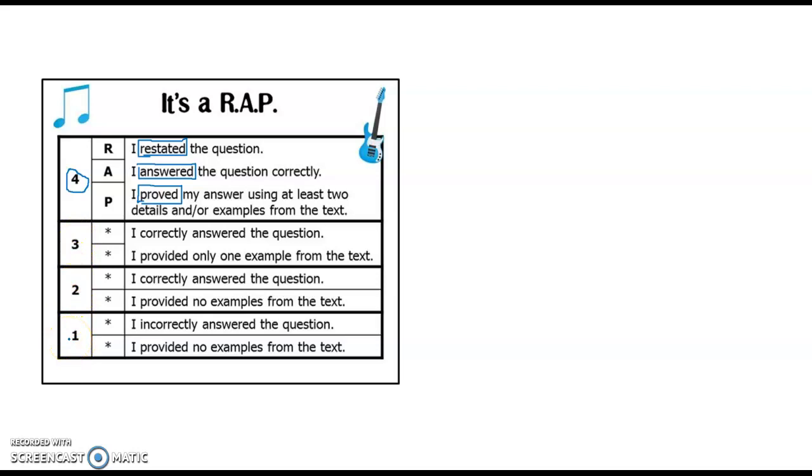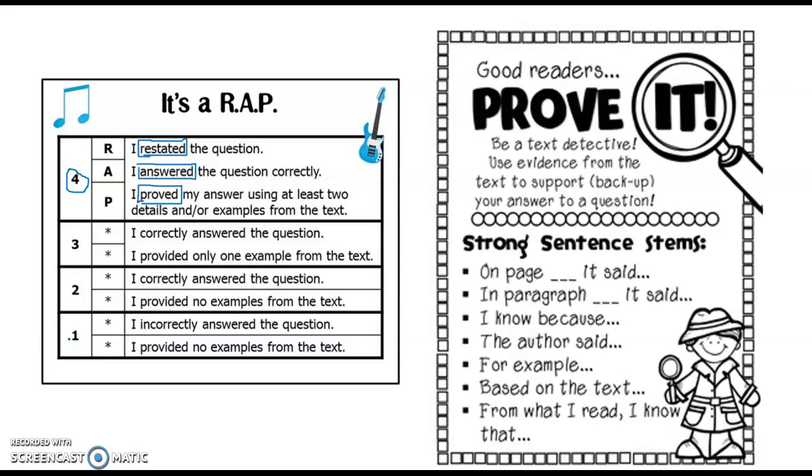So how do you prove your answer? These are just some good sentence starters for proving an answer. So you're going to say where the information came from, because when you're proving your answer, you're allowed to take sentences straight from the text as long as you cite them.